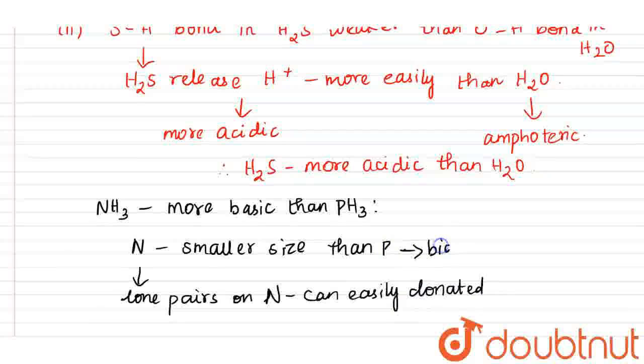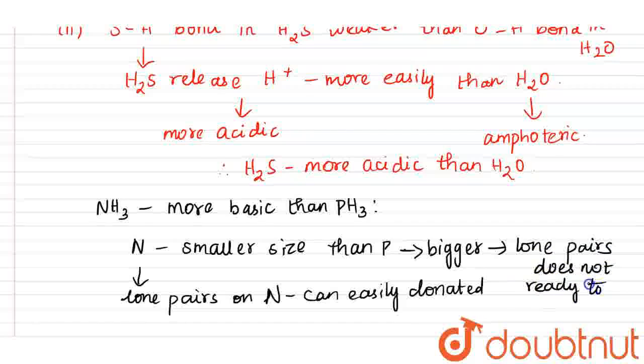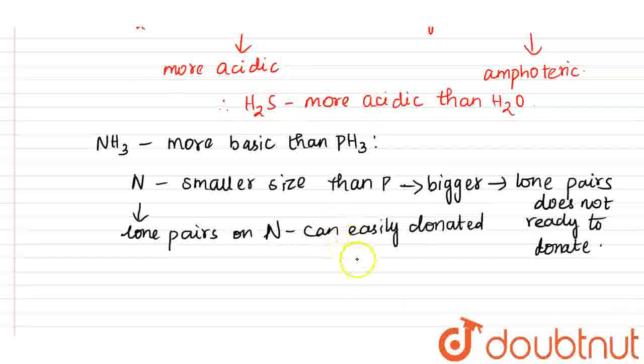Due to its bigger size, the lone pair on phosphorus is not ready to be donated. Because the lone pair on nitrogen can be easily donated, and donating electrons gives basic nature, ammonia is more basic.